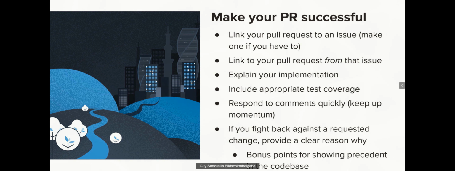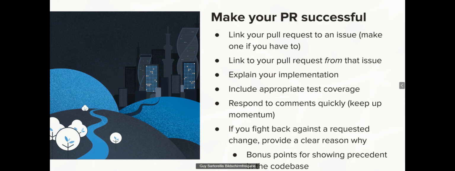The issue is also a really good way to discuss the problem itself in a way that doesn't necessarily relate to your specific solution. And it means that if your pull request for whatever reason doesn't get merged and gets closed, then we still have a record of the issue, and someone else can come along with a different solution, or maybe you can come up with a different solution later on.